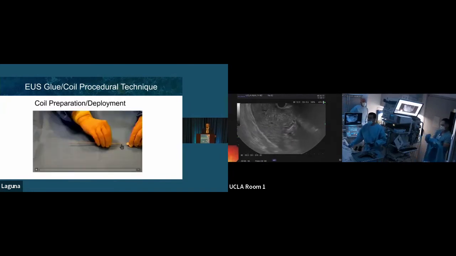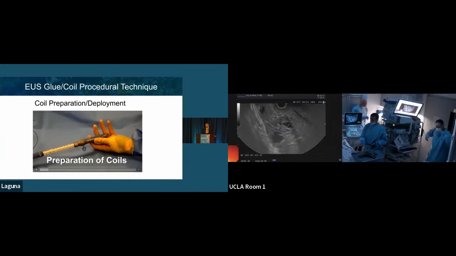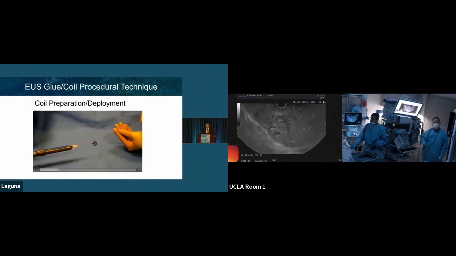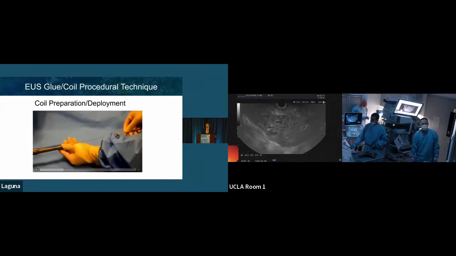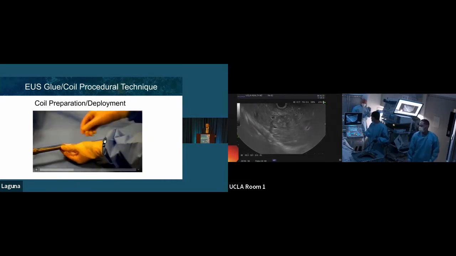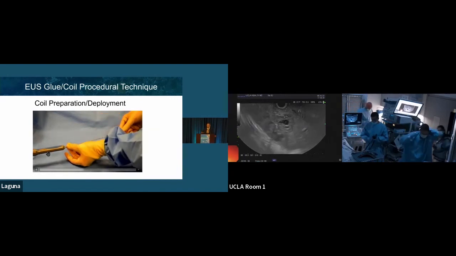So how do we do this technically in terms of getting the coils in? We're using here just a standard coil and a 19 gauge FNA needle. And the coil itself has its own trocar. So what we'll do is we'll use the stylet of the FNA needle to pass the coil into the shaft of the needle and keep it straight.